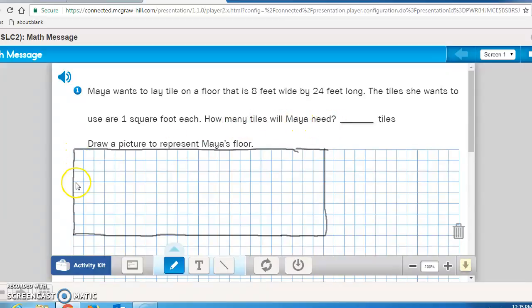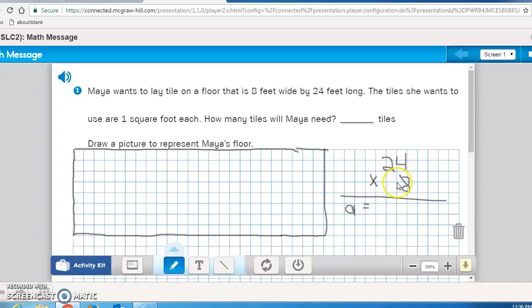Well, I could count all the tiles in here, or I can multiply. Remember our formula is length times width equals area. So we had 24 times 8 will give me my area, or how many tiles I'll need.